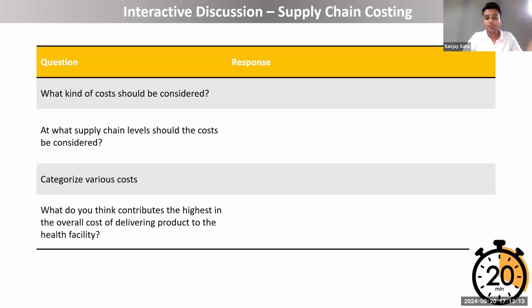We can discuss these 4 questions or part of these questions: what kind of costs should be considered, at what supply chain level should the costs be considered, how would you categorize these costs, various costs which come under supply chain, and what do you think contributes the highest in the overall cost of delivering product to a facility? So anyone who wants to contribute, you can take one question and tell us a response.